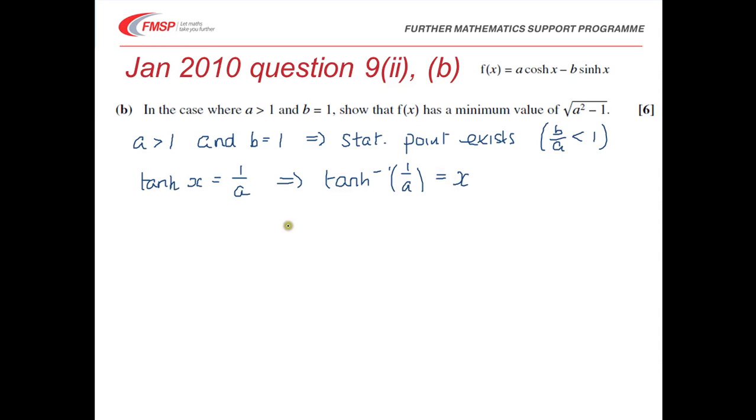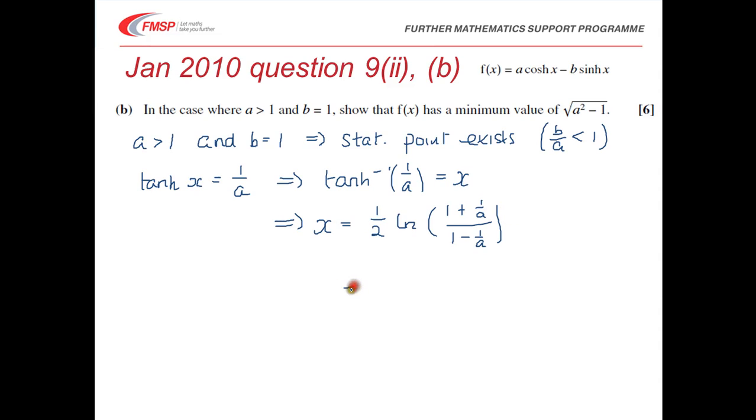And that means that if we take the inverse tanh, x is going to be, now we're going to use the log definition that we were looking at right at the beginning of the question, part 1. So that means that x equals a half of log 1 plus 1 over a all over 1 minus 1 over a. So we're just using the result from part 1 with x replaced by 1 over a.